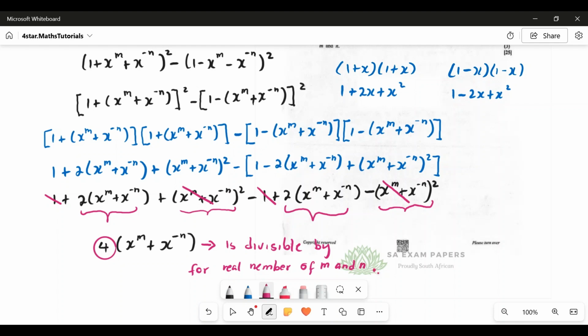So this will always be divisible by 2, because when we multiply any expression or any number by 4, that number will be an even number. An even number is a number that is divisible by 2. Great stuff.